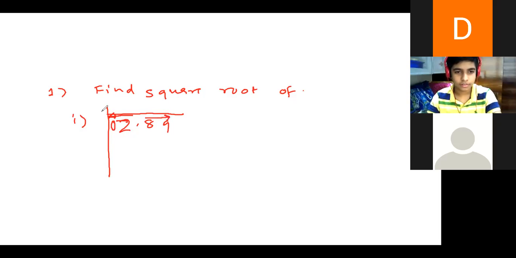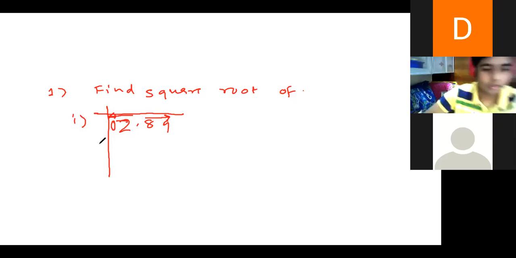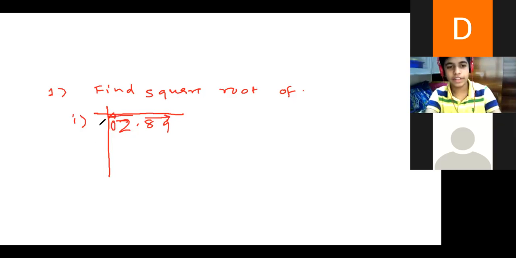Now tell me, Shresh. How to start? Sir, first we will take one. One, correct. Yes, Sudhanshu, it is right. One or two. One we will take, two will be more. Two will become four, and four will become more.